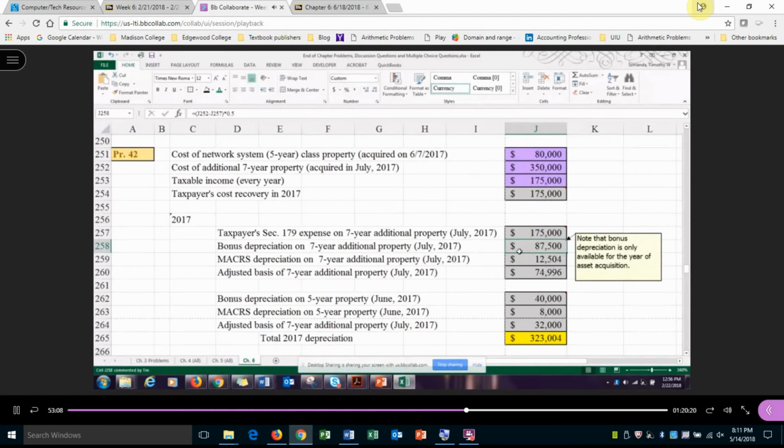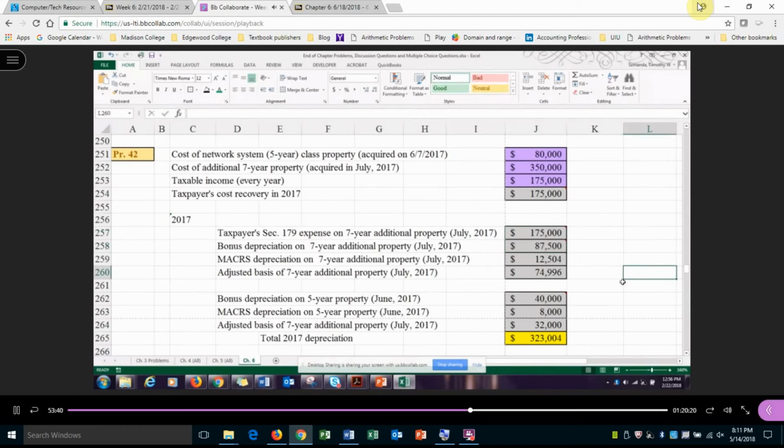And divide that by 2, since bonus depreciation is 50% of the unexpensed basis that remains after we've used Section 179. All right, so now we've expensed, in the first year of purchase, a total of $262,500, which is 175 and 87.5. So already, of the 350 purchase, we've expensed an amount equal to 262.5.